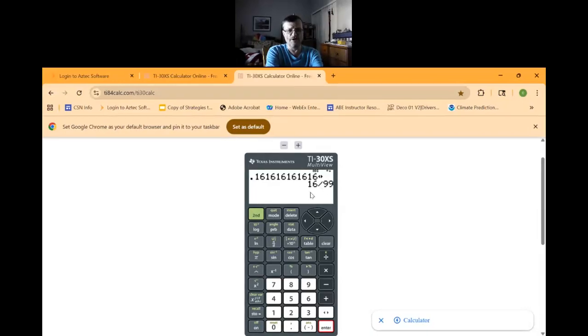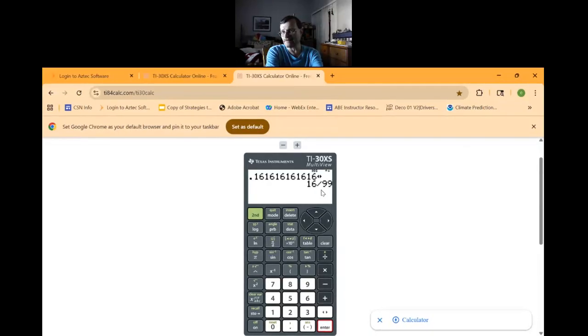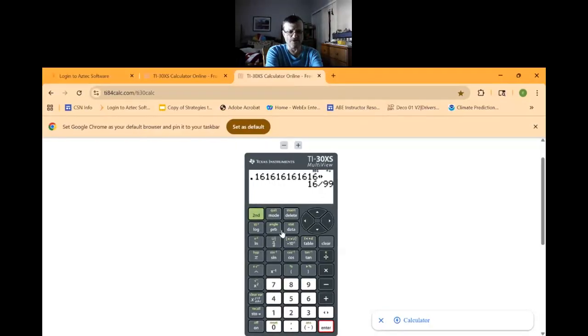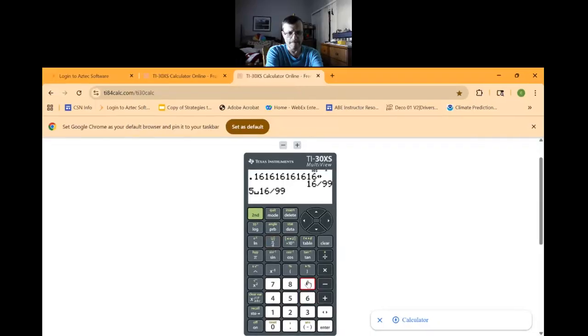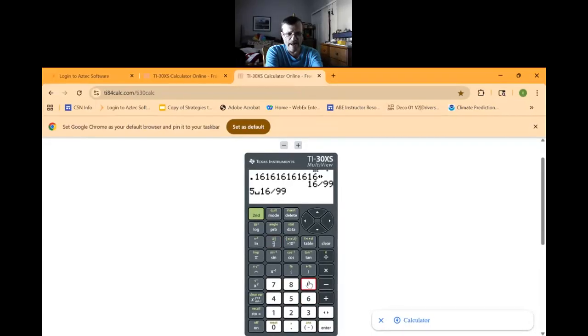And then what do we have? Was it 5 and 16 over 99? We needed that fraction out of it there. There's a way to do that. So 5, I need the second key to put in a mixed number, 16 over 99. Okay, there's a way to do it: second, and then you need this key here.